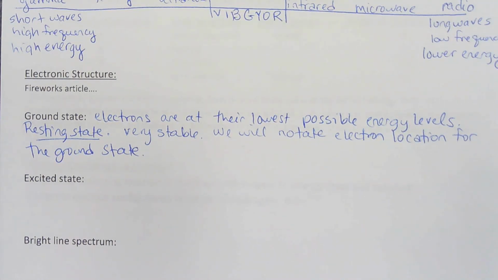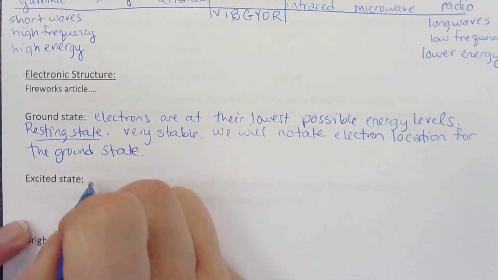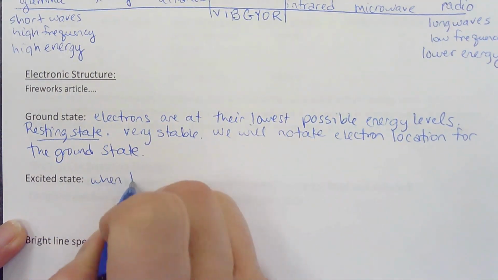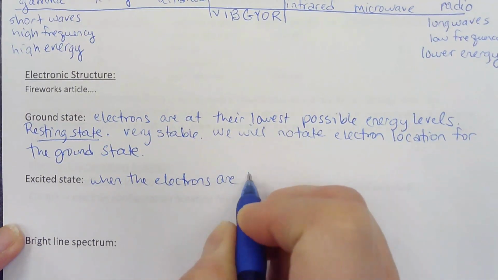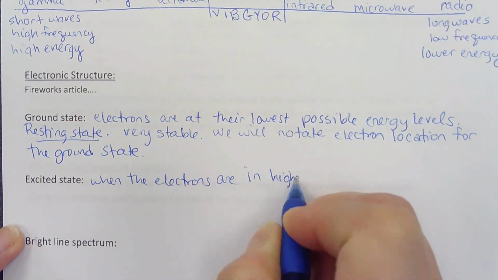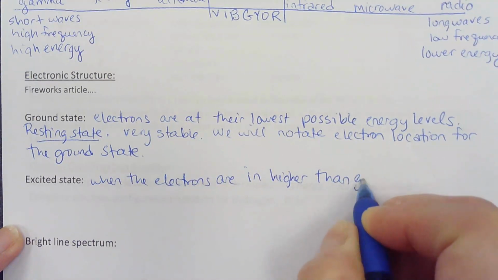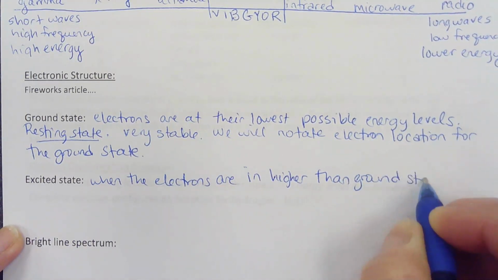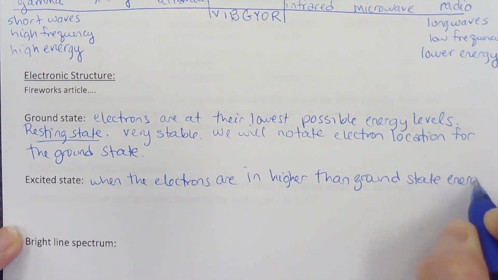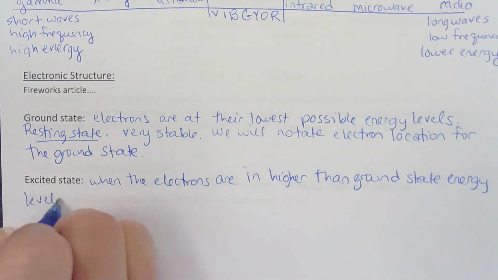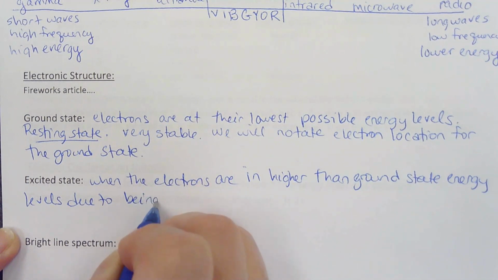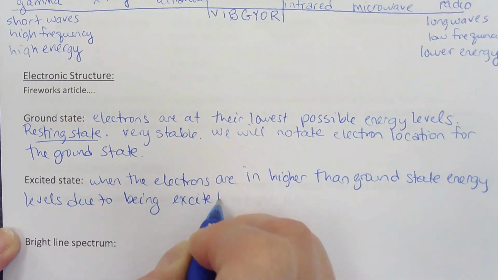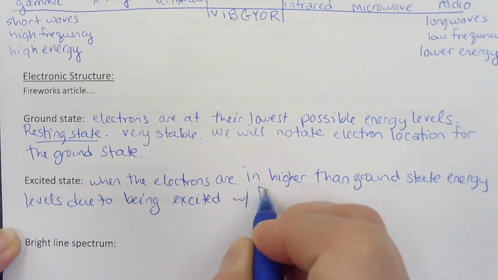What's the excited state? When the electrons are in higher than ground state energy levels, due to being excited with what?